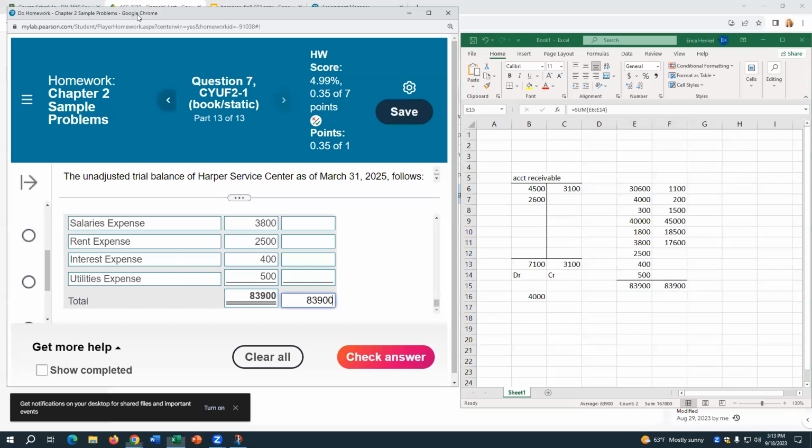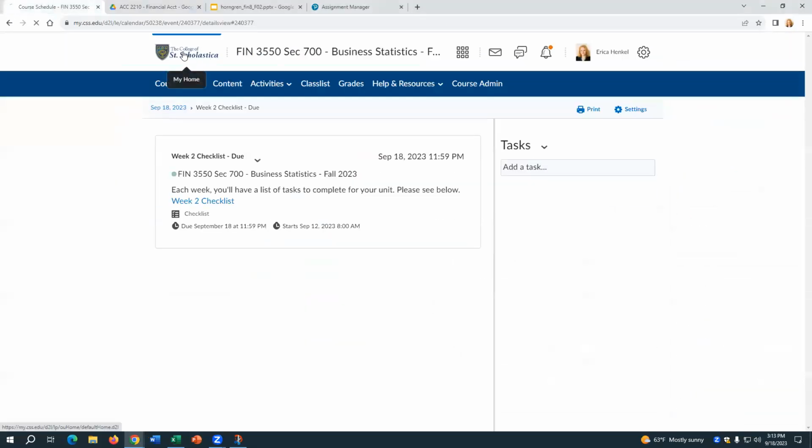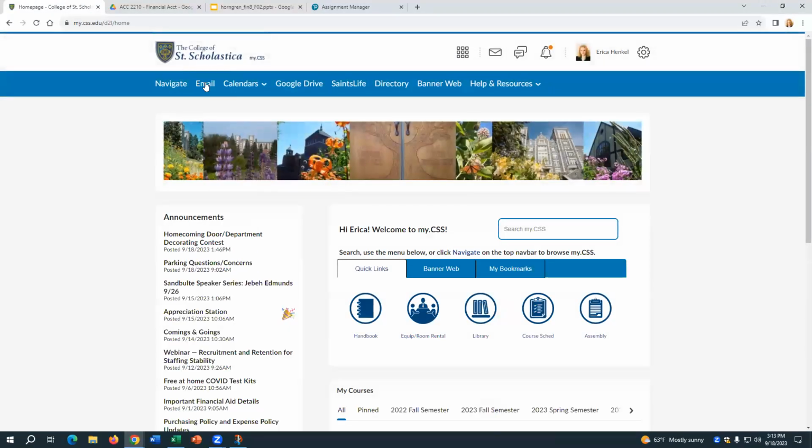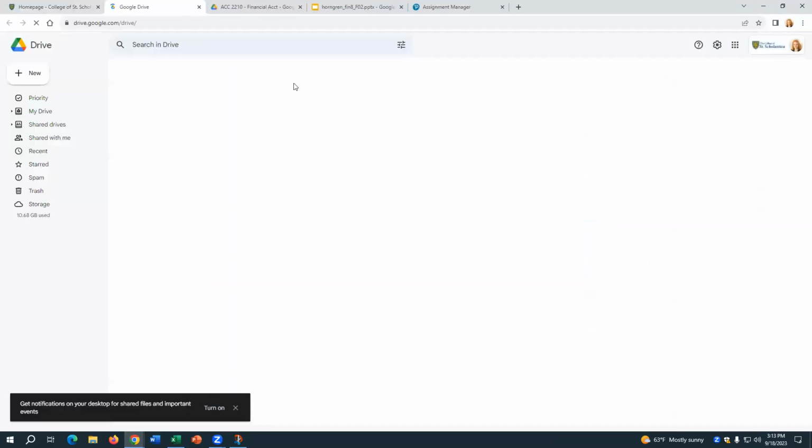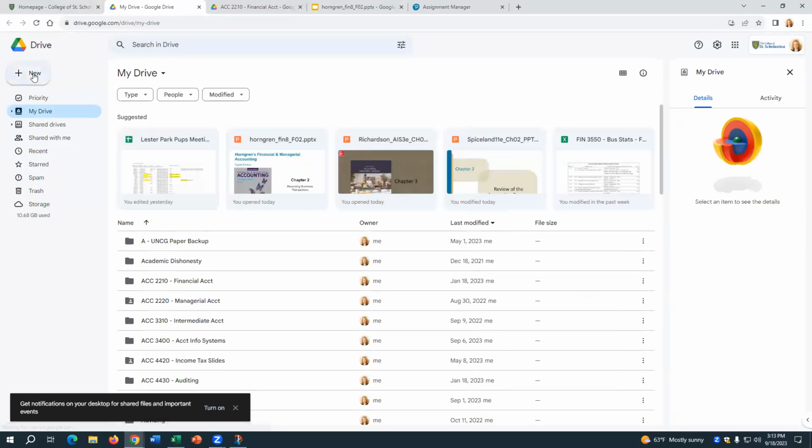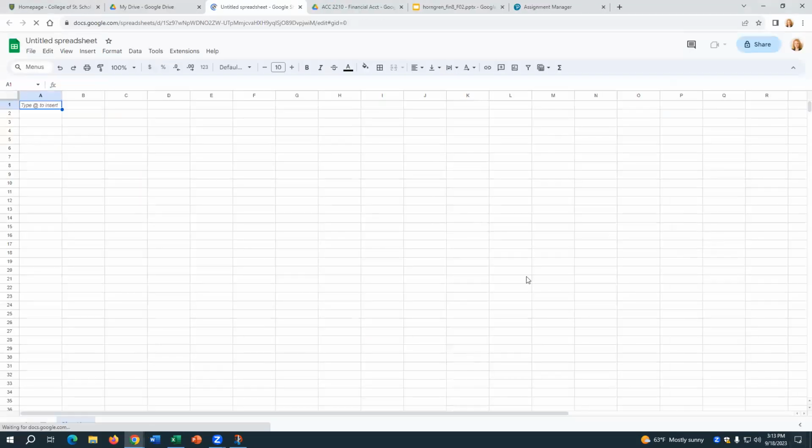You don't even have to go into your email. You could just go to the main Saint Scholastica page and go to Google Drive, and then you can do new Google Sheets. It'll set up a web-based one and save it right in your My Drive folder.